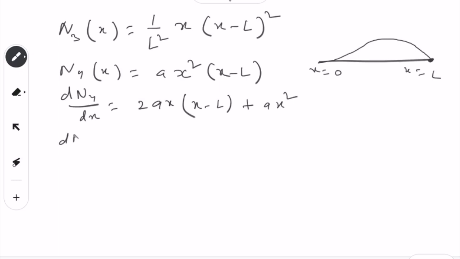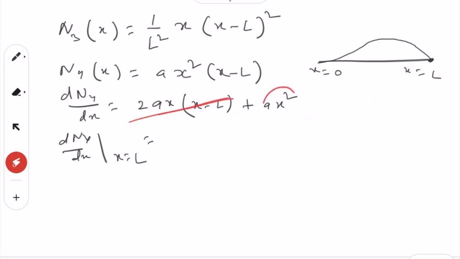So dN4 over dx at x equal to L: this term will be 0, only this term we have, so we get a L square only.